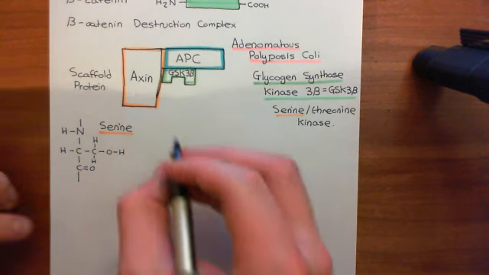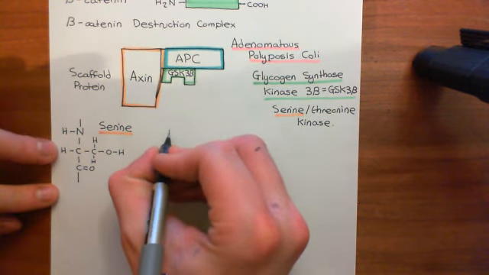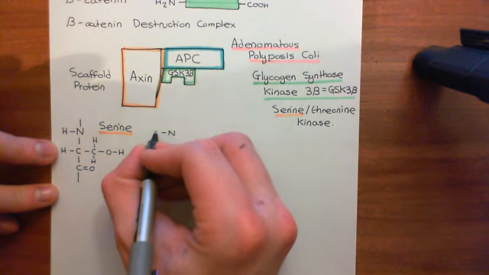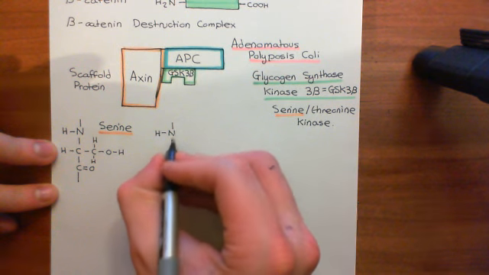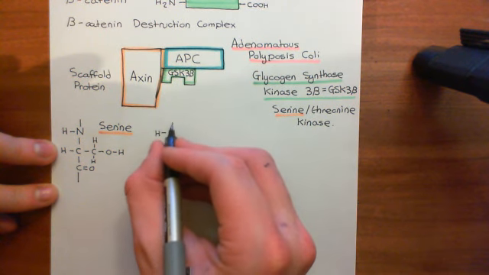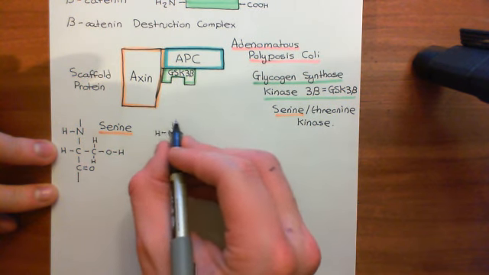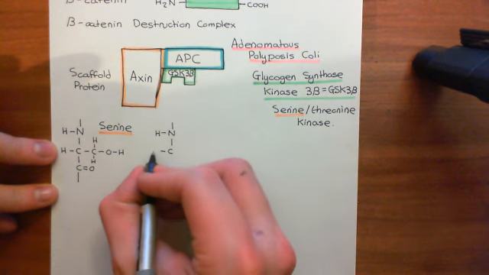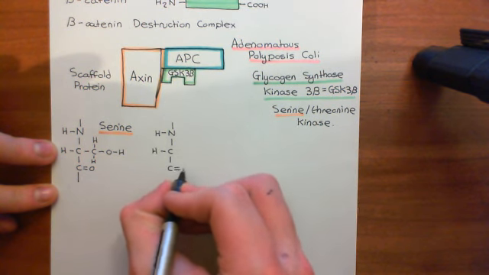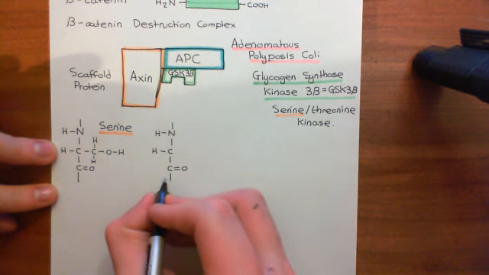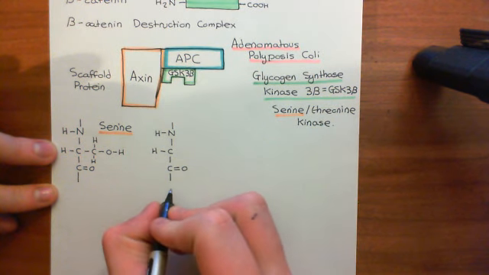Now let's see the structure of threonine amino acid residues. Threonine is very similar to serine. So here's the amino group, again bound with a bond which will be going to the carboxylic acid group of the amino acid prior to it. Here's an alpha carbon with a hydrogen coming off it. Here's the carboxylic acid group again with a bond which will be going to the amino group of the amino acid after it.